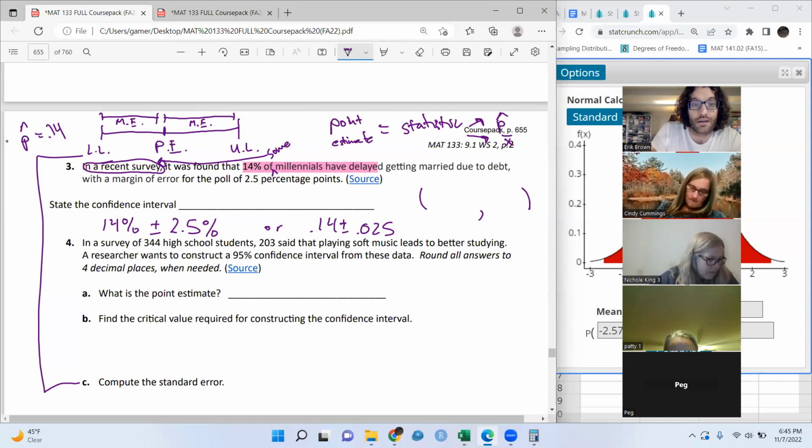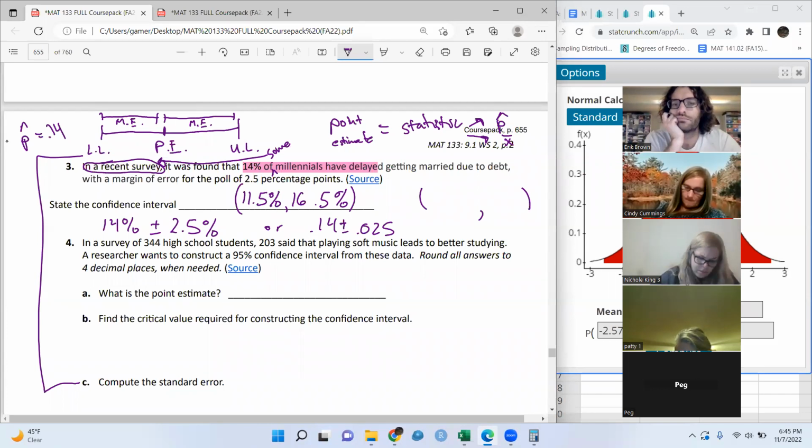So 14% plus 2.5 is 16.5%. That's the upper limit. 14% minus 2.5% is 11.5%. That's the lower limit. If we wanted that as decimals, just 0.115 to 0.165.